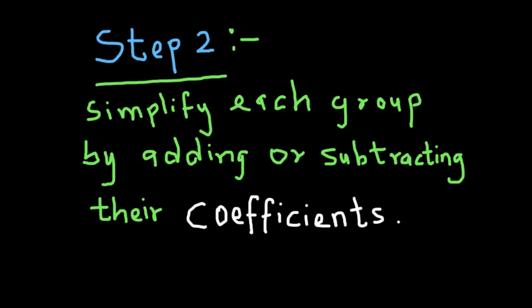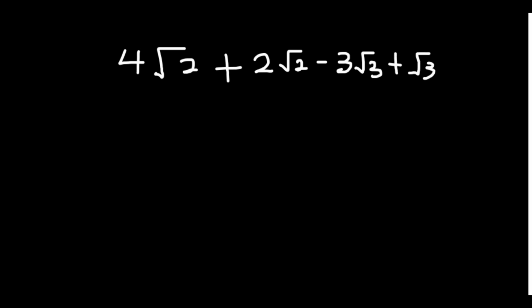So let's break this down properly. 4 square root 2 plus 2 square root 2 minus 3 square root 3 plus square root 3.